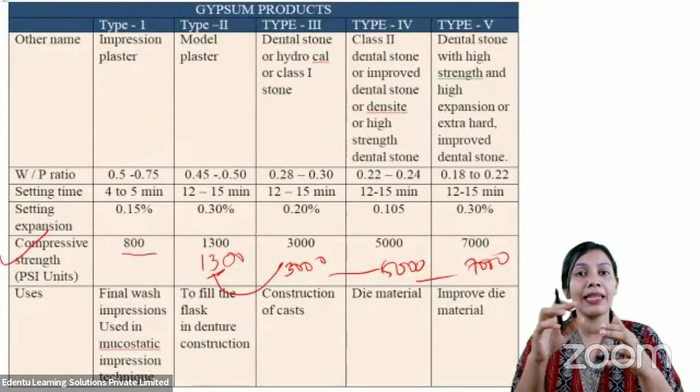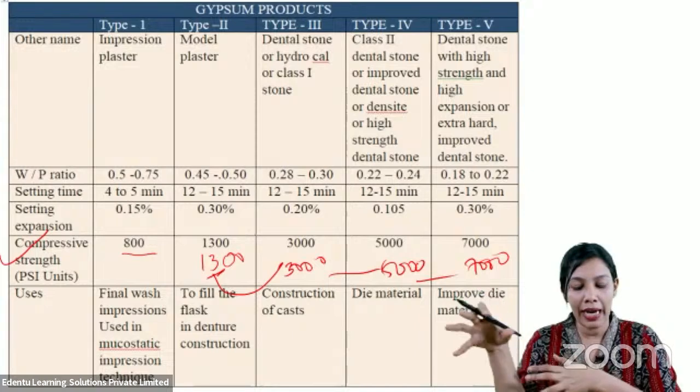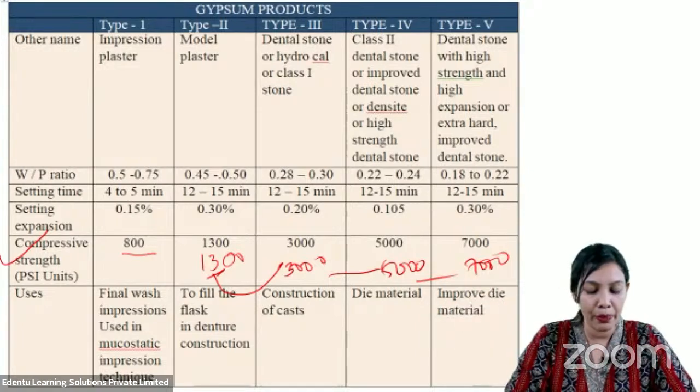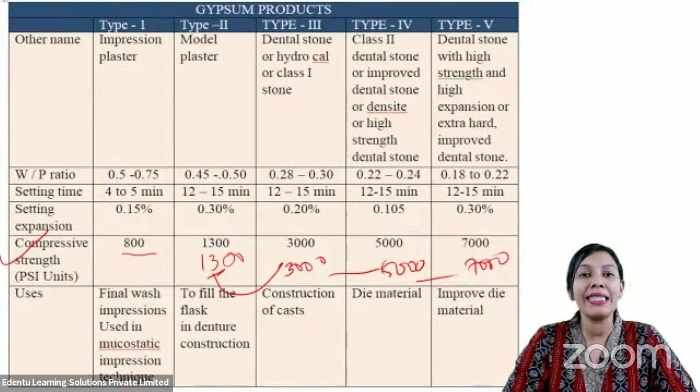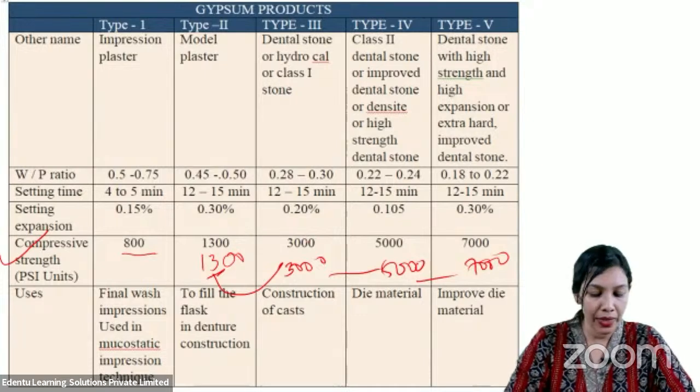From there, take 3000, 5000 and 7000. That is very easy to memorize. And you can see the last one has a compressive strength of 7000. That itself shows it is a very high improved quality material. That's why it is called high strength, high expansion dental stone, right?